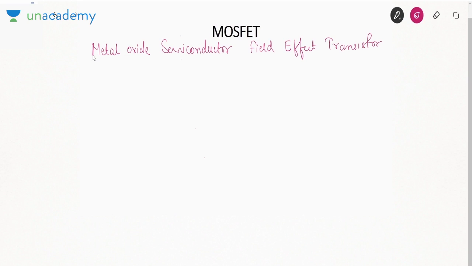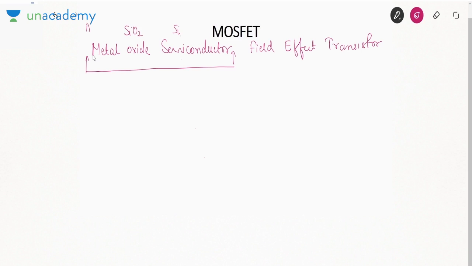Basically, this term metal oxide semiconductor refers to its construction. When we are constructing the MOSFET, we will have three layers. First layer will be metal, the second one will be oxide, oxide means SiO2, and the third one will be semiconductor or silicon.